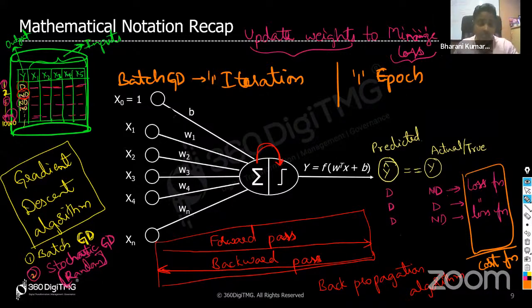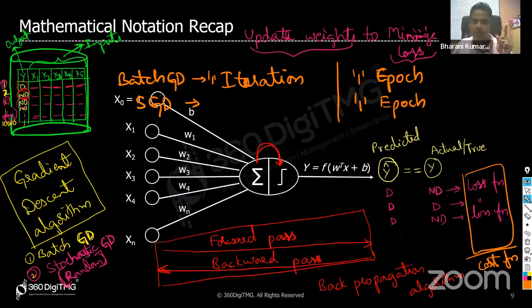But when you look at stochastic gradient descent, in one epoch, meaning one time you traverse all the observations through your network, how many times are you coming back and updating the weights? If you have 10,000, 10,000 times.